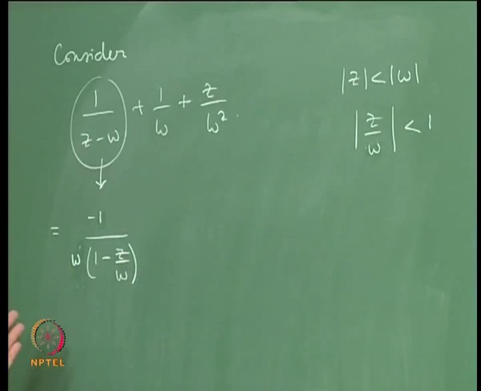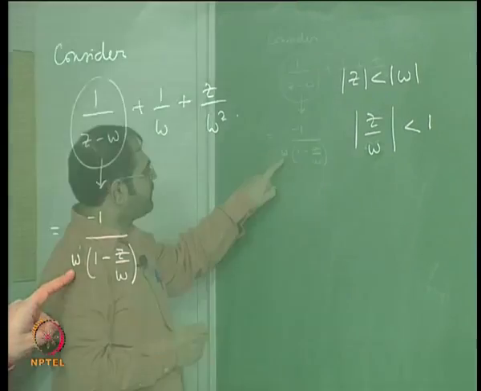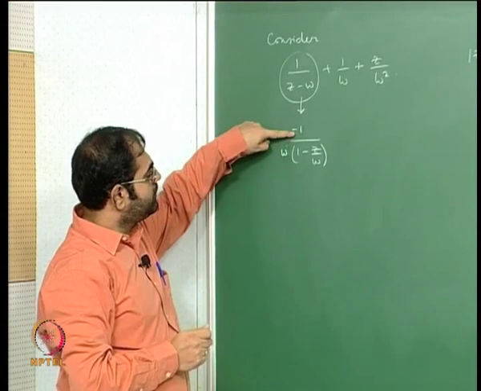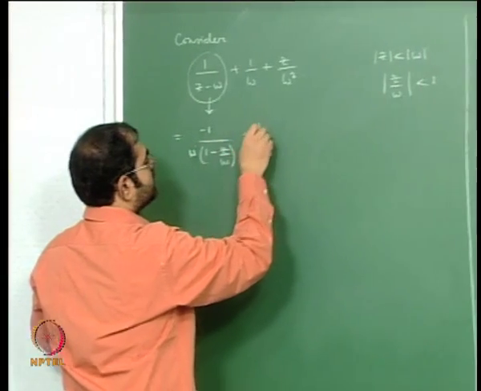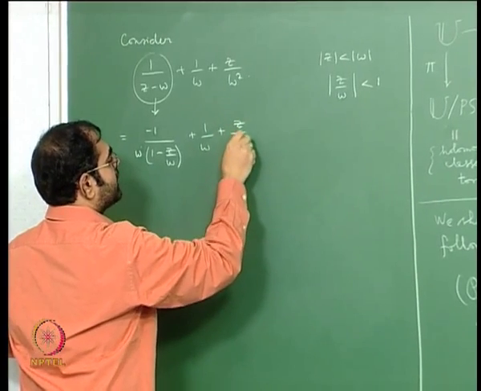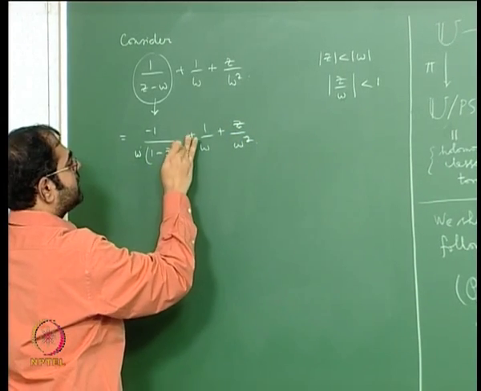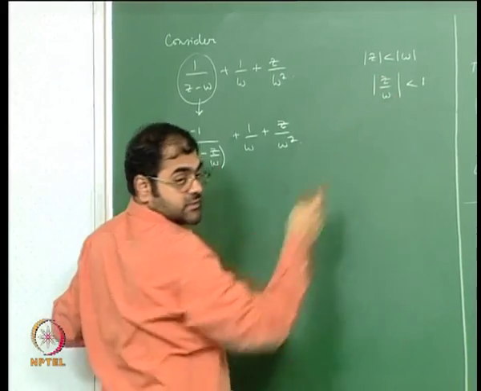This is the usual trick that you use to get hold of series expansions using the geometric series. If I write it like this, I will have to bring in a minus sign above. Then the other two terms are 1 by omega plus z by omega squared. Of course z is not equal to omega because mod z by omega is less than 1.